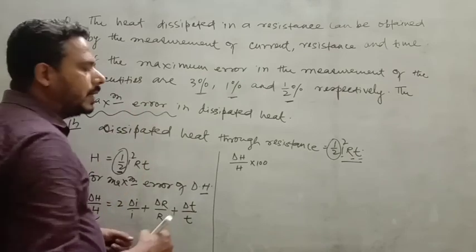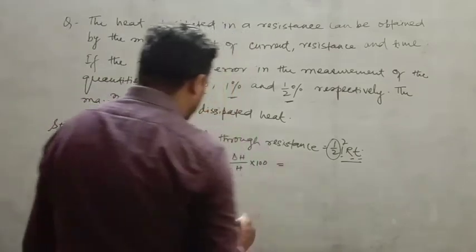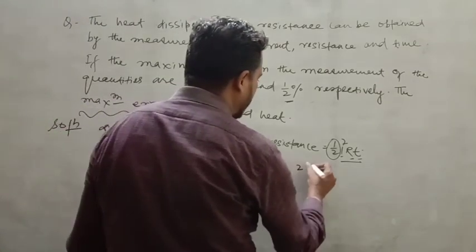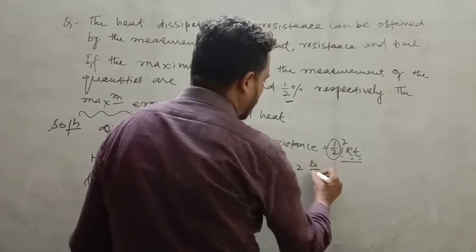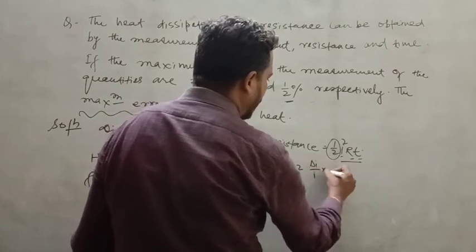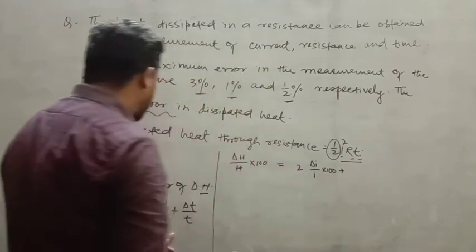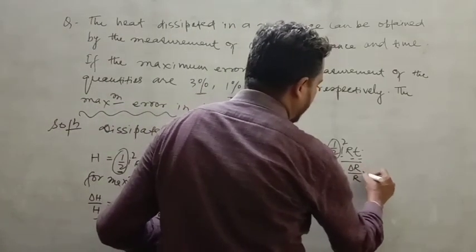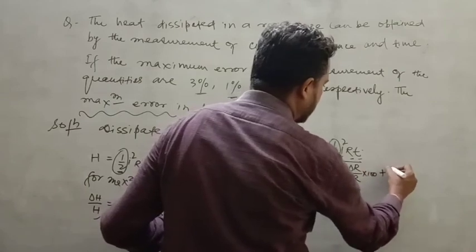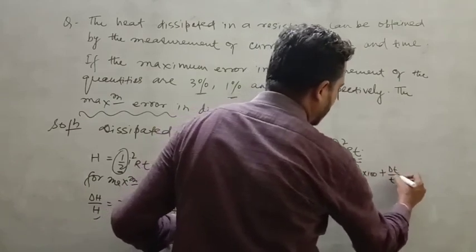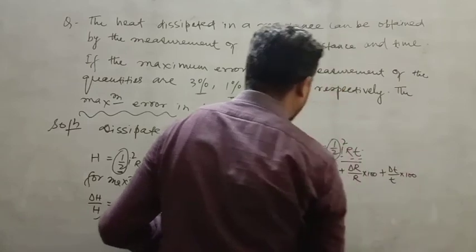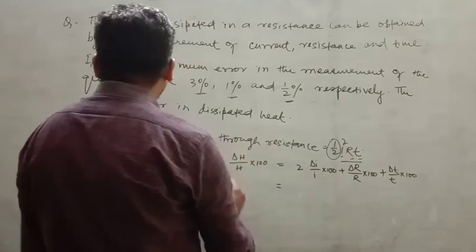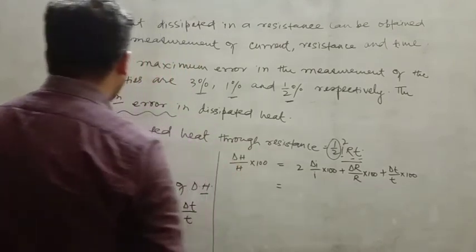Like that, you just take 2 outside, so there is delta I by I multiplied by 100, like that delta R by R multiplied by 100, plus delta T by T also multiplied by 100.